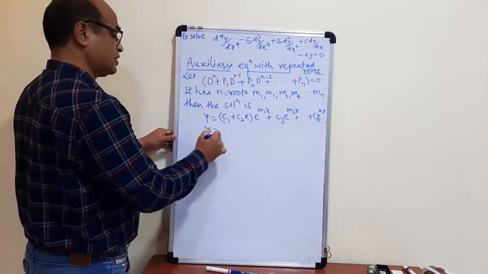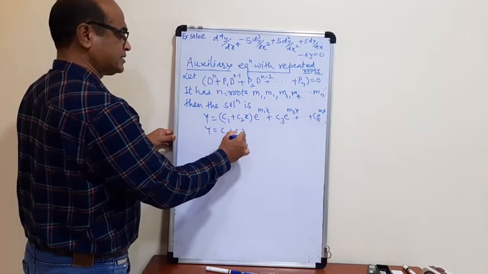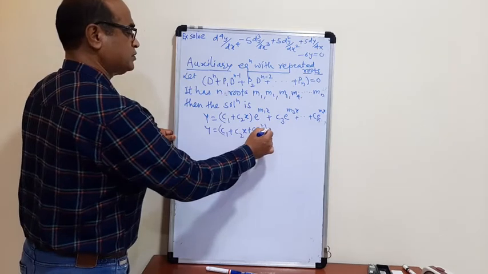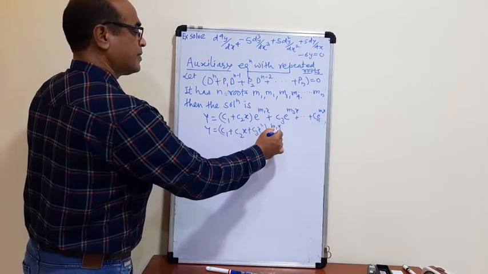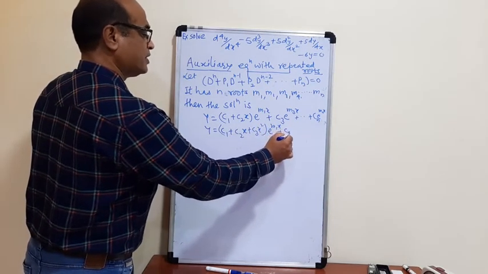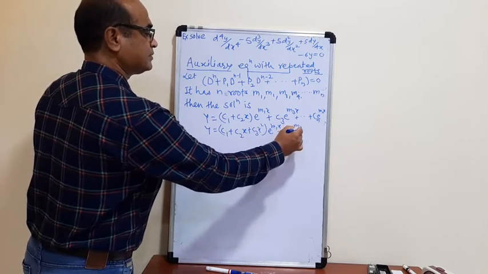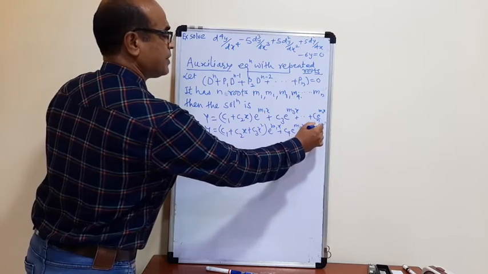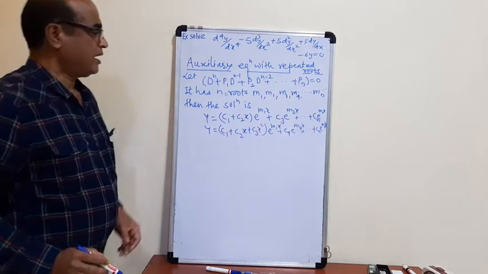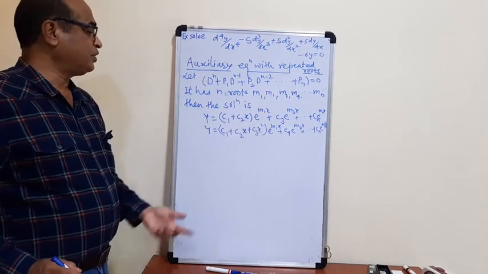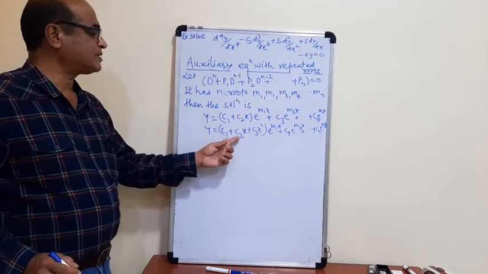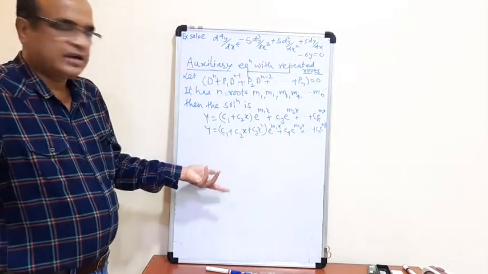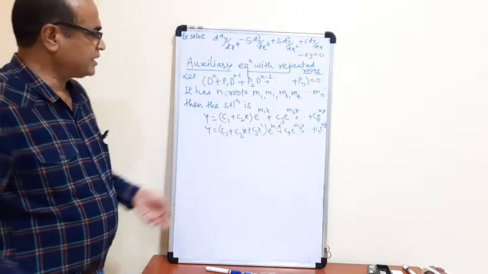Then the solution is (c1 plus c2x plus c3x square) e raised to m1x plus c4 e raised to m4x and so on, plus cn e raised to mnx. If the root m1 is repeated 3 times, then c1 plus c2x plus c3x square. If repeated r times, then you can write in the same manner and we get the solution.